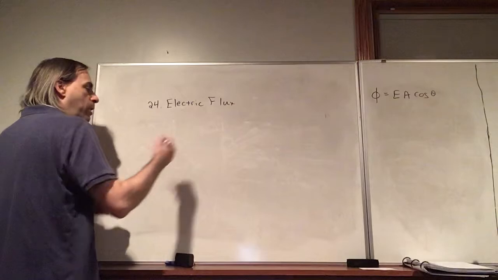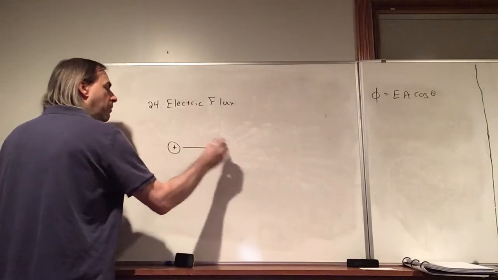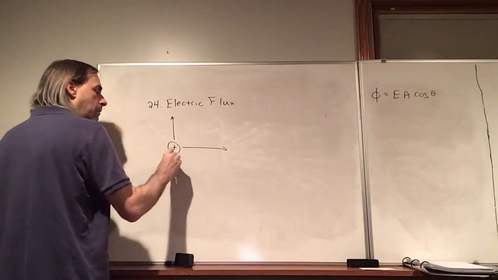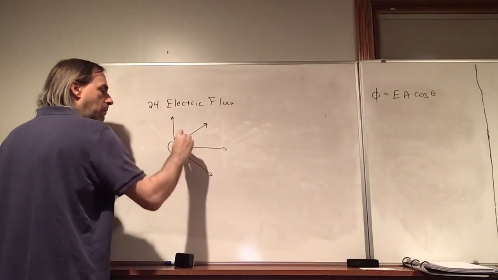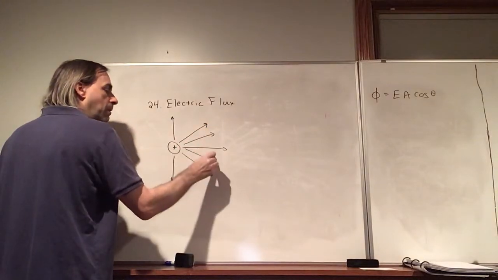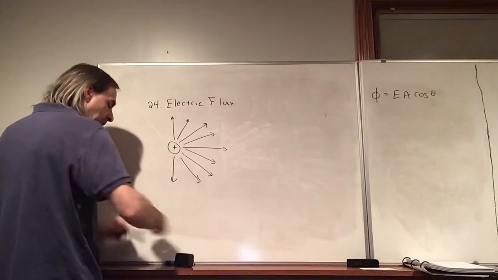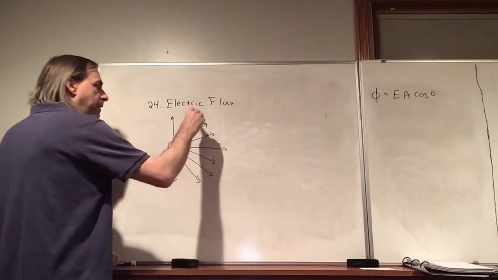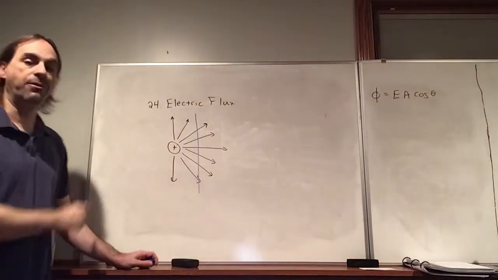Let's go back to our point charge, where we have our electric field lines that look like this. We'll just draw it on this side because that's all that matters. And we're going to put our surface here. What if we put a surface like this? And we want to know the flux through this surface.